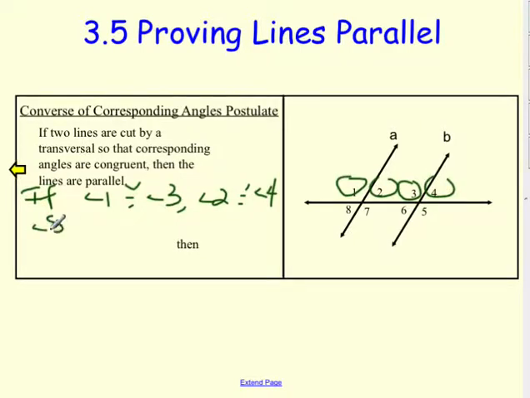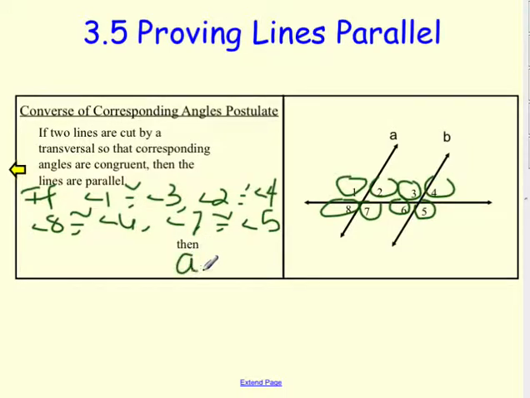Or if angle 8 is congruent to angle 6, again lower left, or angle 7 is congruent to angle 5, lower right, then we can safely say that A is parallel, remember those two lines mean parallel, to B. So if the corresponding angles are congruent, then A is parallel to B.